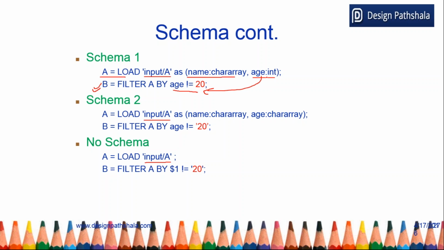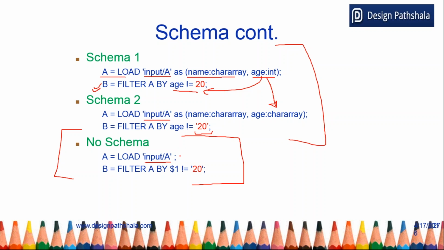Over here, instead of defining age as integer, I defined age as chararray. I am a little lazy in figuring out the data types, so I have just defined everything as chararray. Everything can practically be defined as a chararray or bytearray. But when I'm trying to do an operation, I can just say 20 as a character string, and that will again do the job for me. So till now it is fine, and that can be done by any language. But now comes the power of Pig.